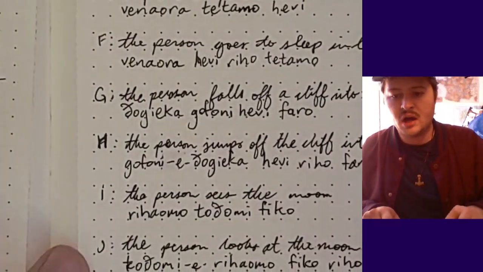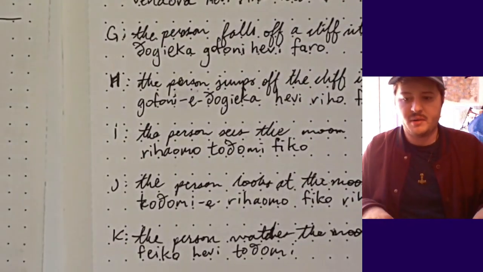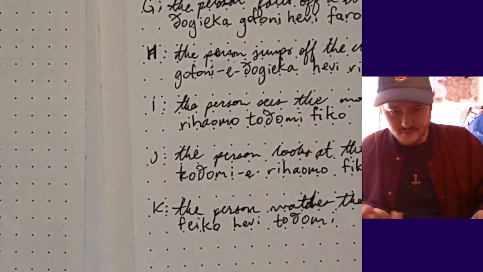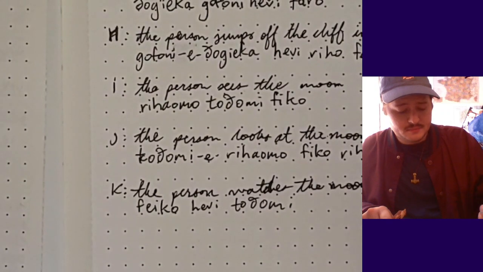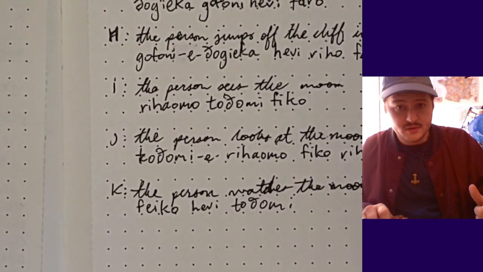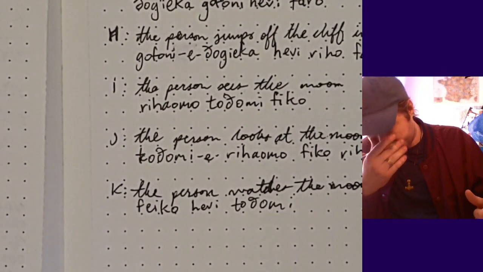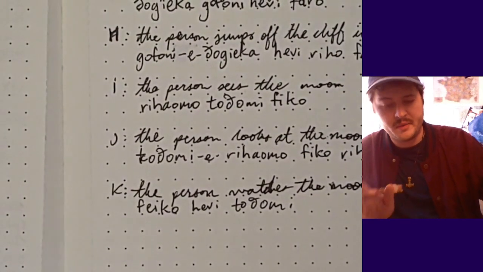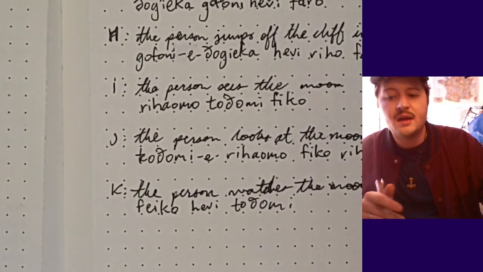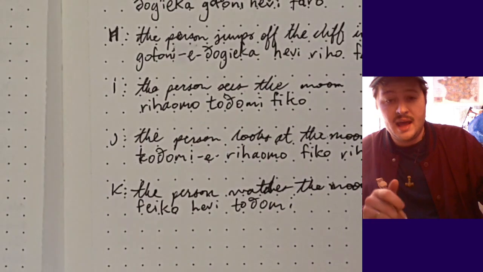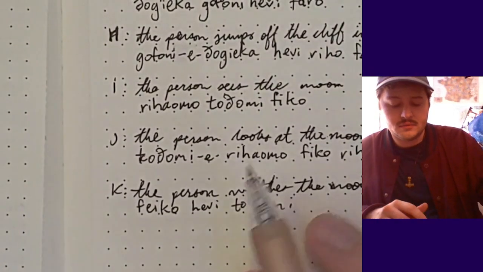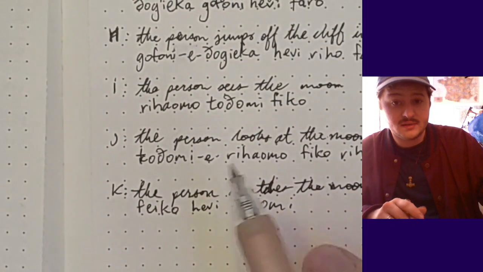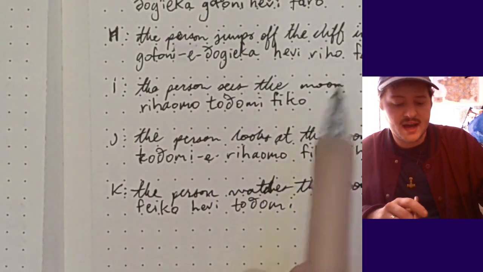Now I'm going to do a couple more just to show some of the other grammar stuff. I will do one that has a compound argument, but I want to do one that has a modified argument, like an adjectival argument, and that has a different mood and evidentiality and stuff like that.